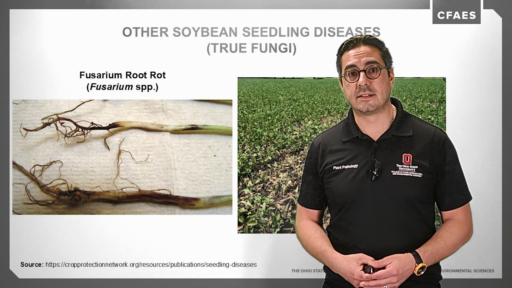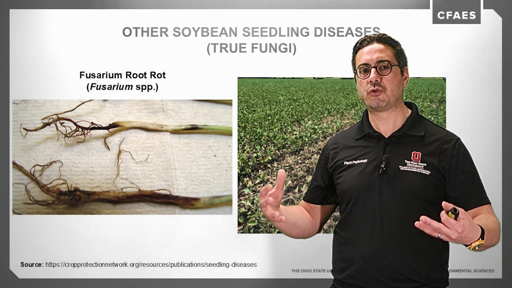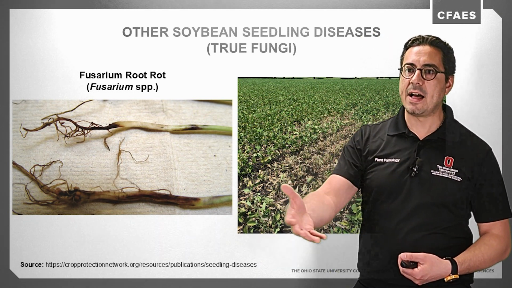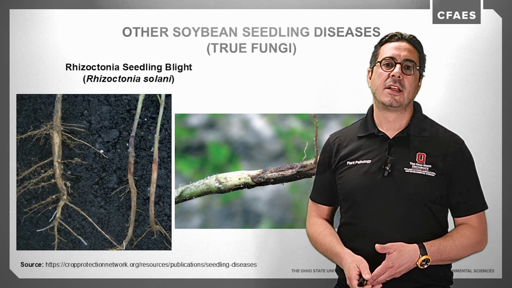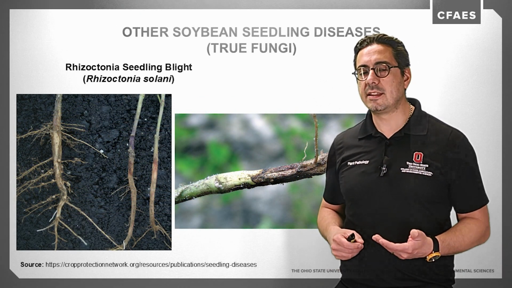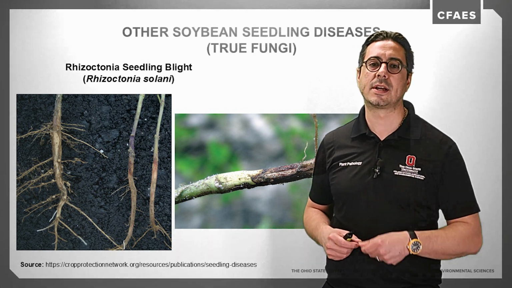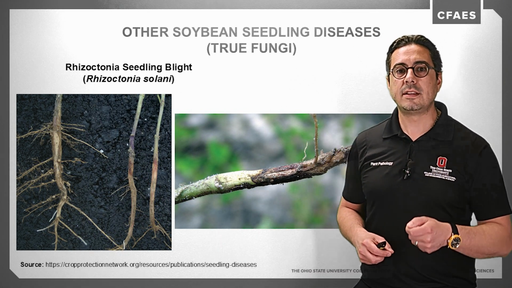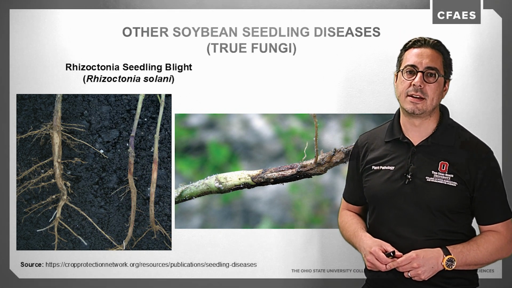There are other organisms. The water molds are fungal-like organisms. They're not true fungi. We have another group of organisms such as Fusarium and Rhizoctonia that are considered true fungi. And I'm saying this because when we select the seed treatment, the active ingredients we're going to put in our seeds, we need to choose the one that targets these specific organisms.